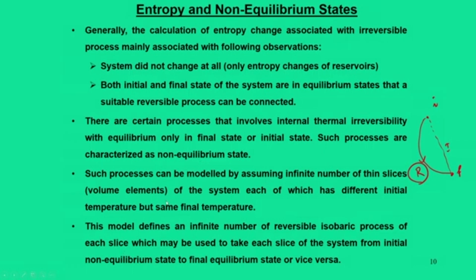To do this through a refrigerator, it takes work input W, and it must take heat from this body and reject heat to the atmosphere. Now we are able to apply the entropy principle, that delta S universe is greater than or equal to 0, and basically find the minimum work.